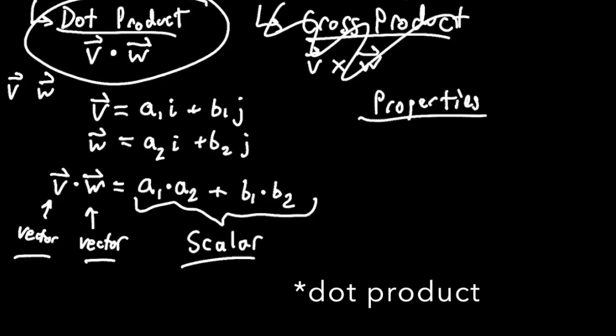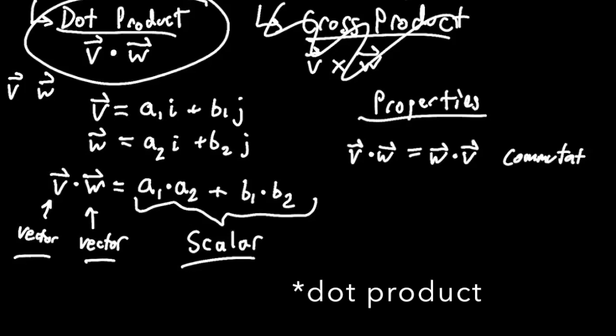If we take the dot product of v and w, that's the same thing as the dot product between w and v. In other words, this definition of multiplication is commutative.